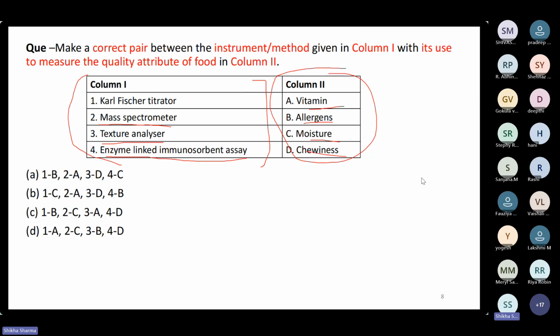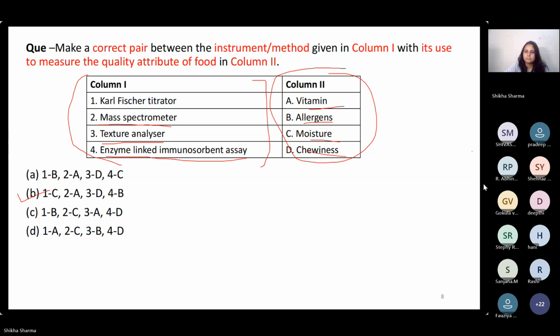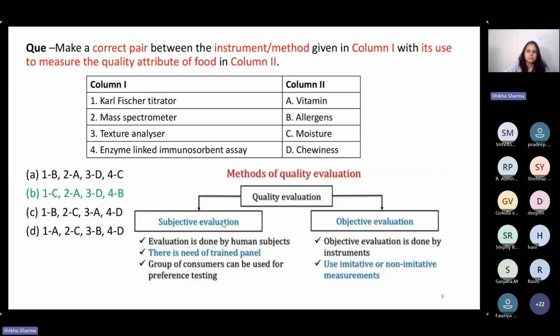Tripti is saying B, Shiv Sami B, Gautam B, Neha B. Okay, most of us are saying B. Okay, let's see. So B is the correct answer.